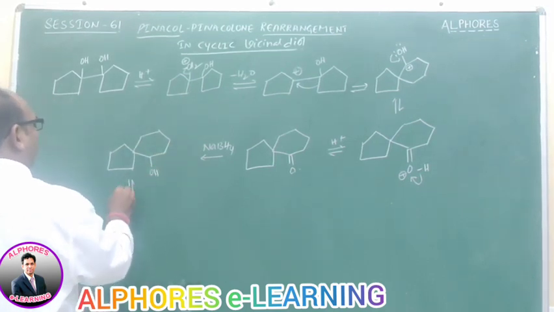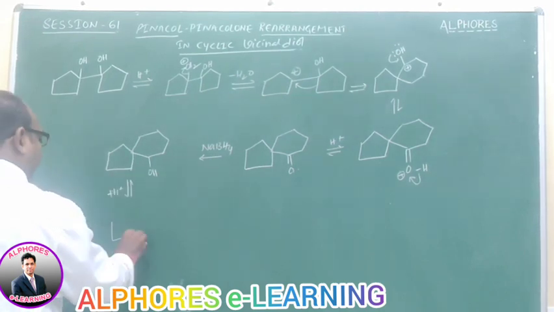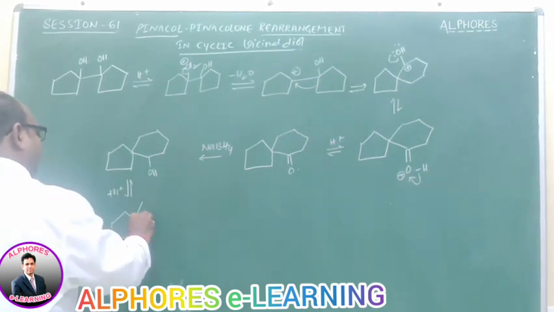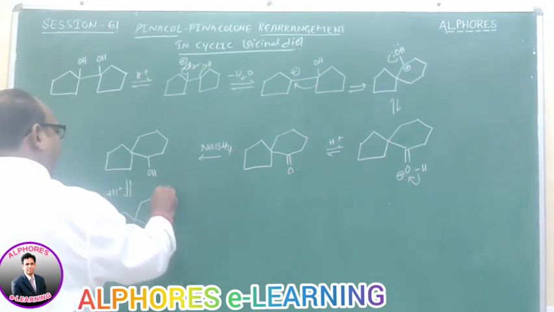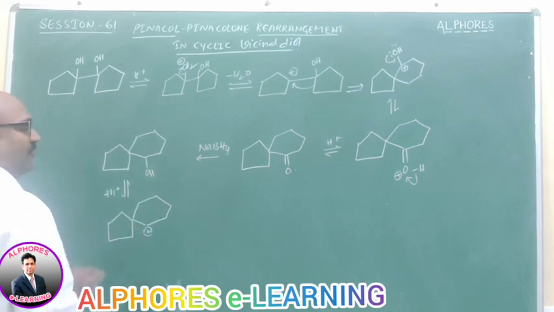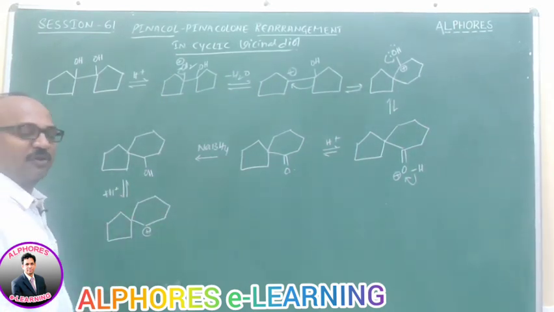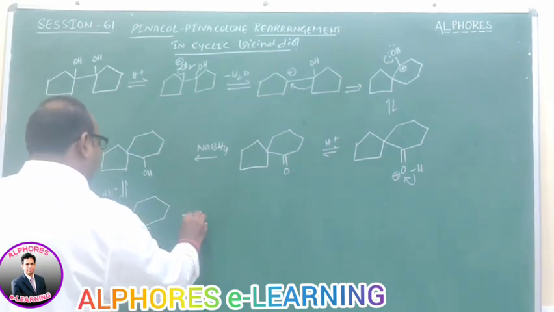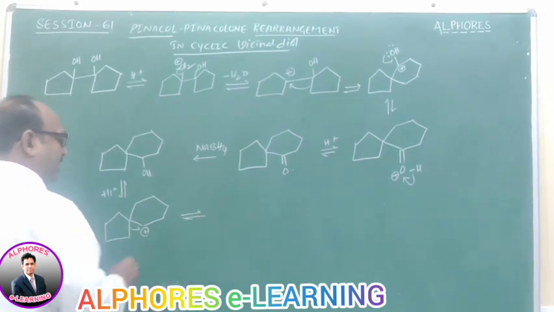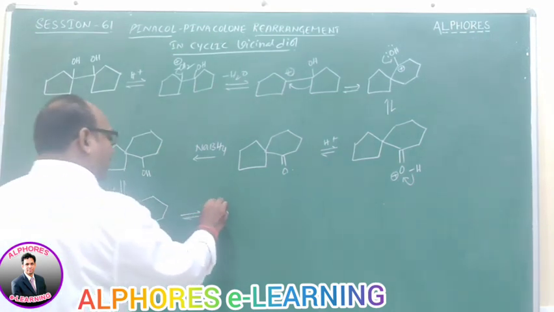Suppose this one undergoes further acidification. Next, what happens here? This OH group gets protonated, OH converts into OH2 plus and leaves away, forming a carbocation. In the next step, ring expansion takes place. This 5-membered ring is going to convert into a 6-membered ring.